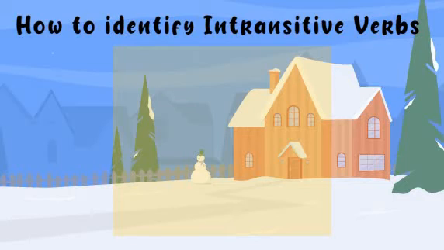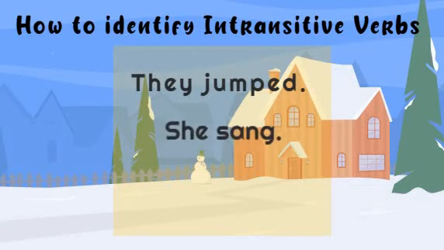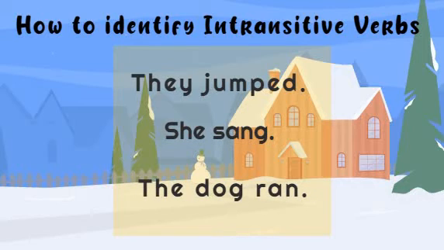So how do we identify intransitive verbs? At first, let us look at some sentences. They jumped. She sang. The dog ran. As we said earlier, transitive verbs are the opposite of intransitive verbs. That means if a transitive verb needs an object, intransitive verbs don't need an object.